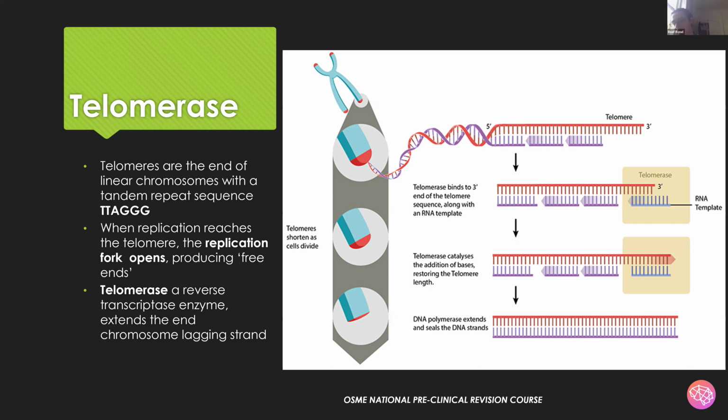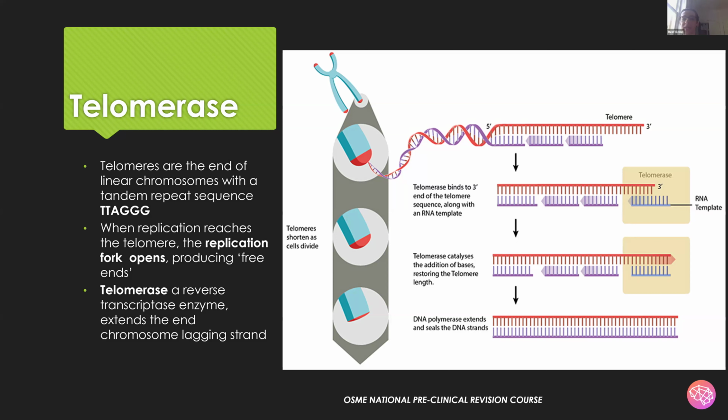Telomeres are DNA protein complexes consisting of a tandem repeat sequence of DNA and a shelterin protein complex. The tandem repeat sequence is TTAGGG. Telomeres are important for differentiating the ends of chromosomes from DNA double strand breaks to prevent end-to-end fusions.